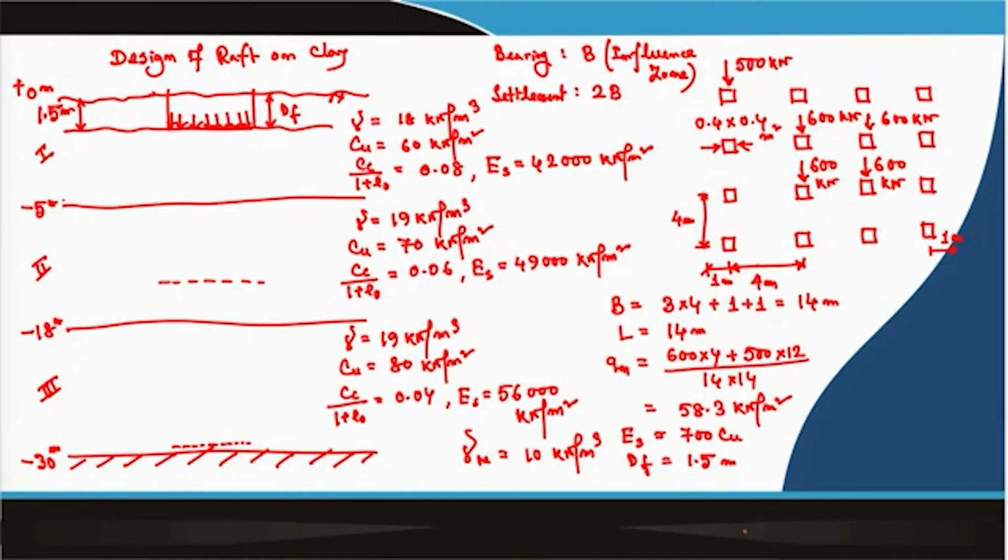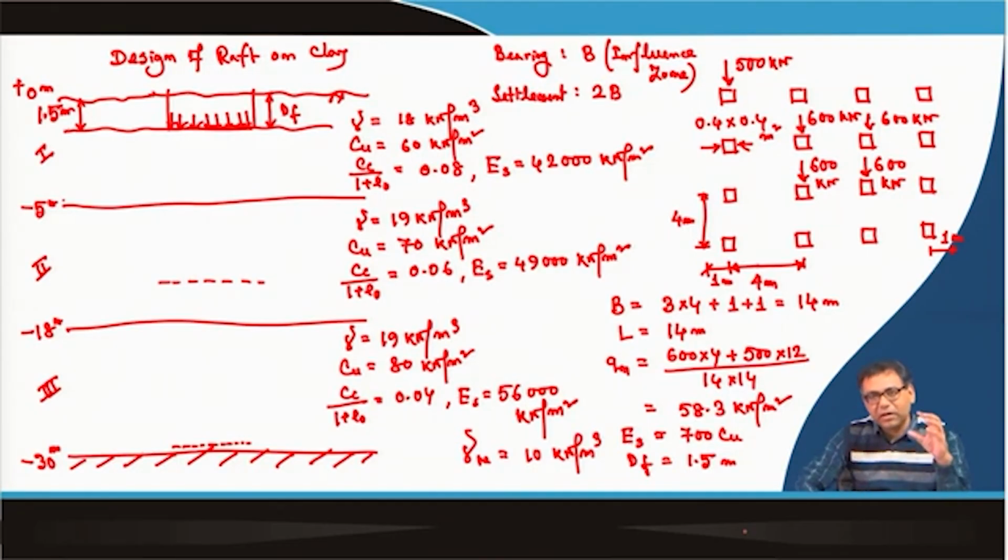Another thing I want to mention is that I have discussed that you can determine the bearing capacity for layered soil also, but that theory is applicable if you have a very strong lower soil and a very weak upper soil, or the reverse, that means a very weak bottom soil and a stronger upper soil. So, that means the variation of Cu value is significantly high.